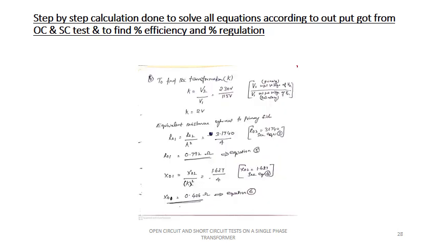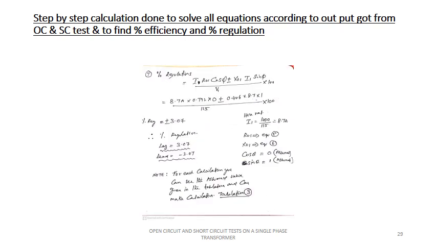And to find the equivalent resistance referred to the primary side, RO1 and XO1 are found here. You can see how to calculate the percentage regulation and the formula, and here one equation is solved with one data.